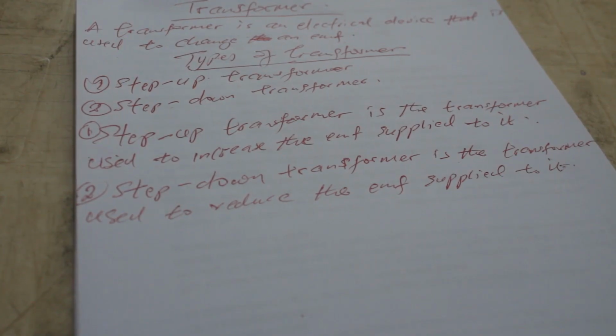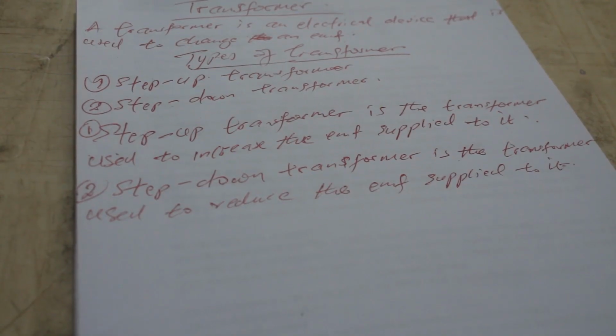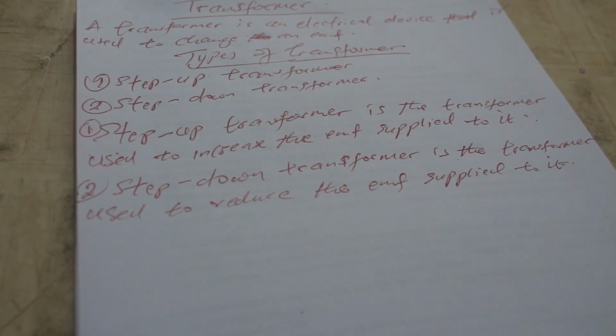So if a transformer is used to increase the EMF, we say it's a step-up transformer. If a transformer is used to decrease an EMF, we say it's a step-down transformer.